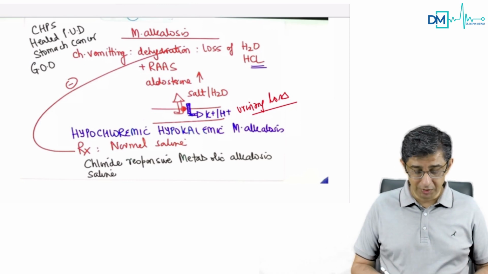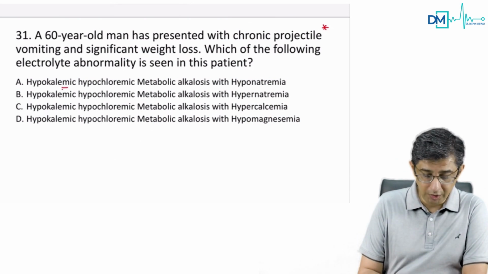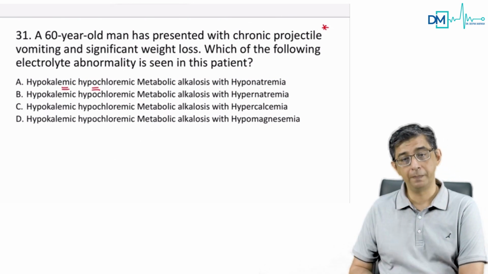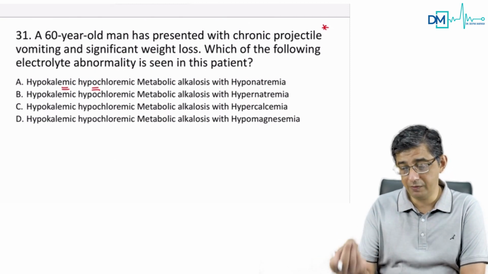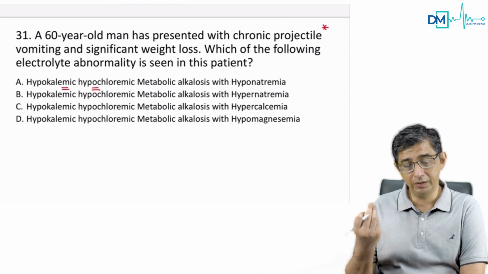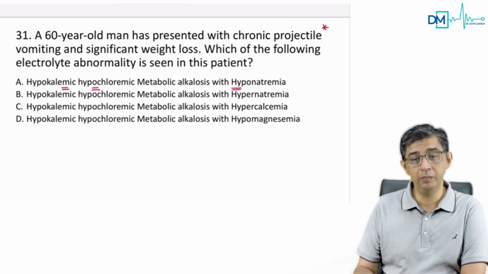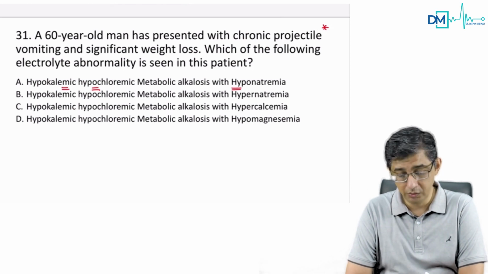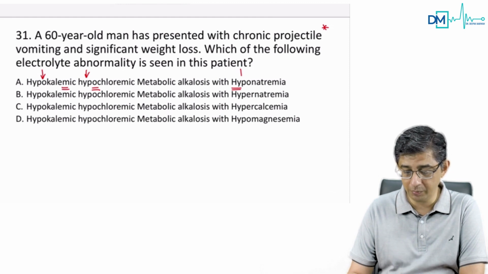The point in this patient was, I'll go back to the options, everybody could pick up hypokalemic, hypochloremic, no issues. But because he's having fluid loss from the body, rather dehydration developing, there has to be a third electrolyte imbalance: sodium is also lower. So there are three hypos in this chap: hypokalemia, hypochloremia, and hyponatremia.